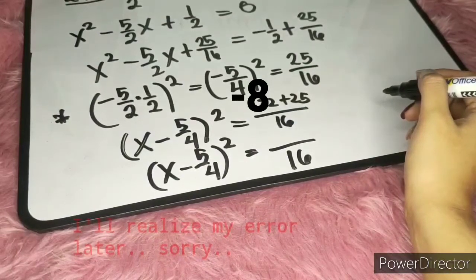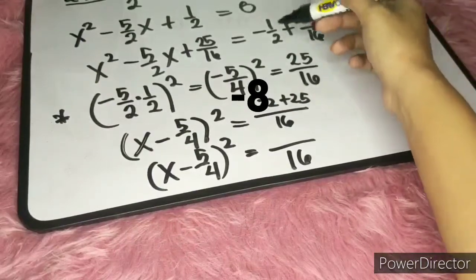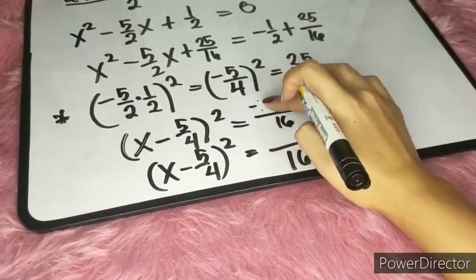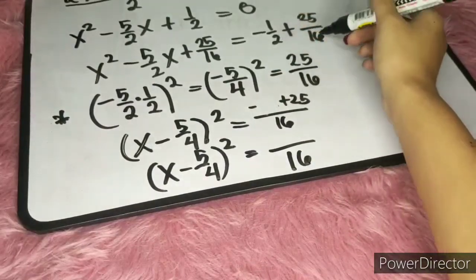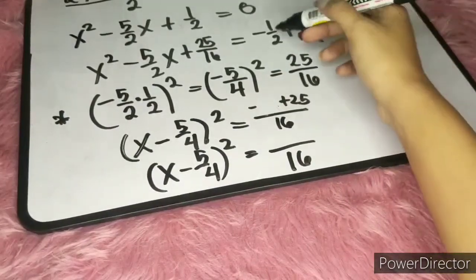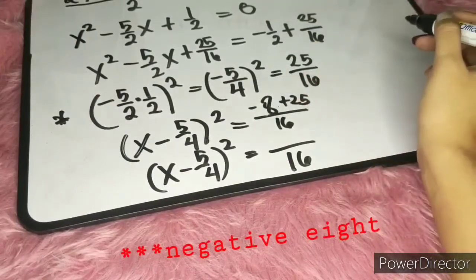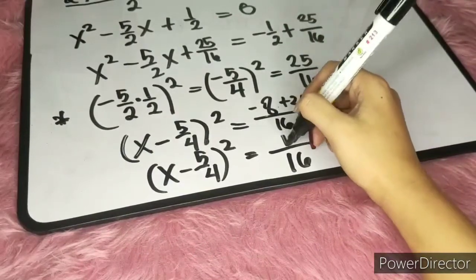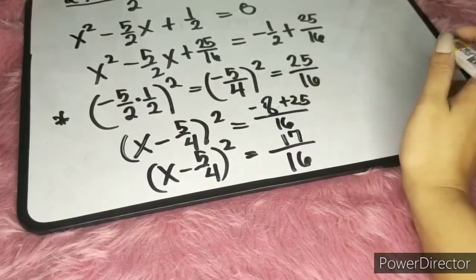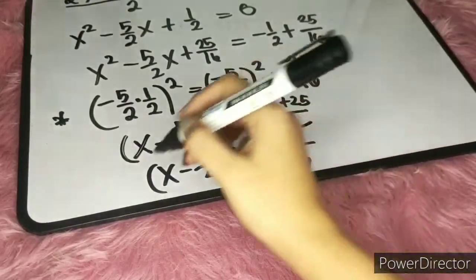Sorry, I just directly multiplied this. 16 divided by 2 is 8 times 1, so this is 8. So this is, I guess, 17. Yeah. And that's the time we will be applying the square root on both sides.